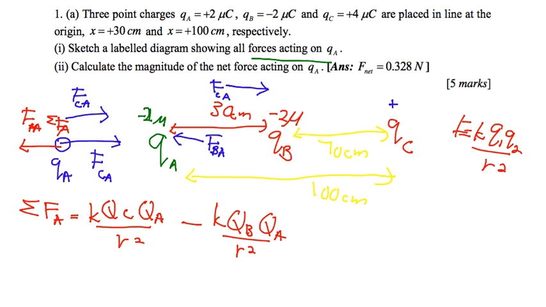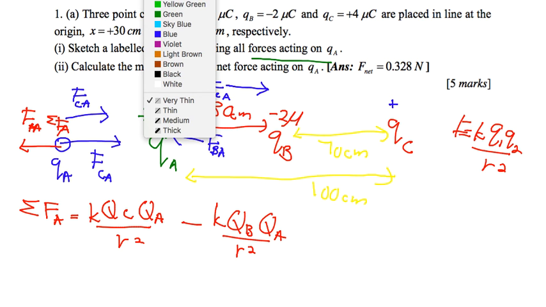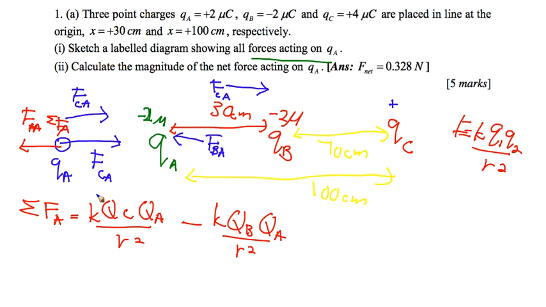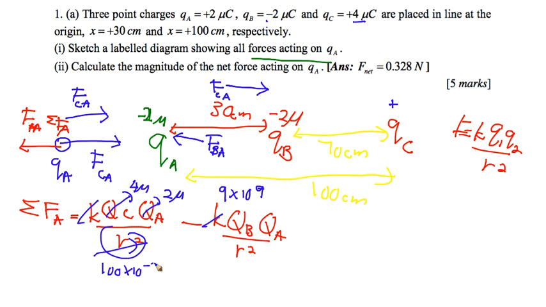So if you use the values in the equation here, the K is 9 times 10 to the 9, and the QC is positive 4 microcoulomb, and the QA is positive 2 microcoulomb, and the distance between the C and A is 100 cm, so use meters, 10 to the power of minus 2.